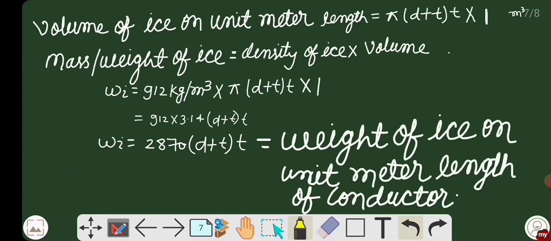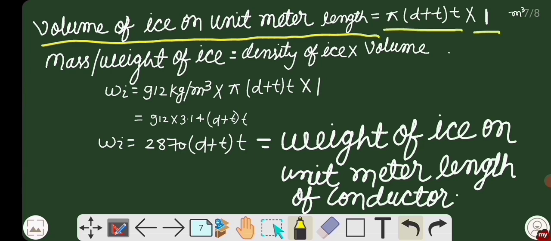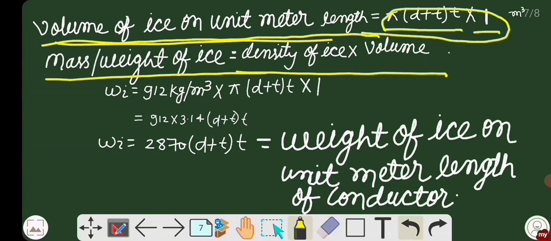Now the value of length is unity, so the volume of ice on unit meter length will be equal to area into length. This is the overall value of volume. Now as we know, weight is equal to density into volume, so it will be density of ice into volume, and volume will be equal to pi into (d plus t) into t.